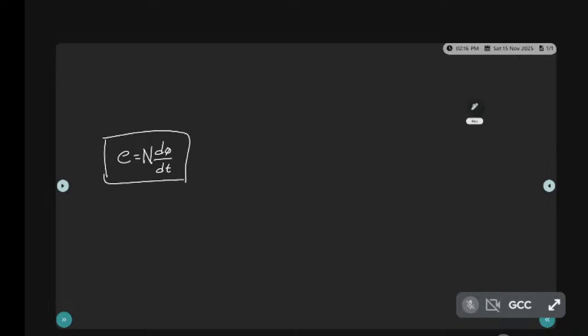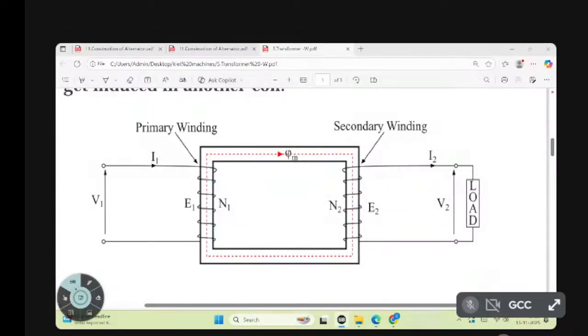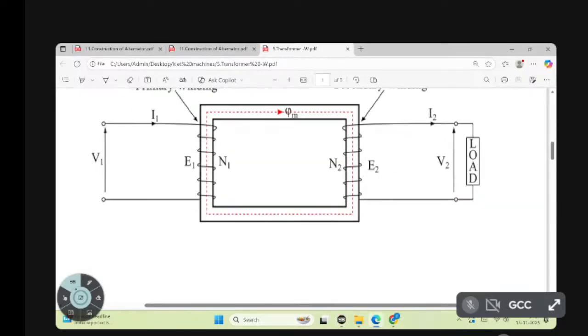If you observe this diagram, how are we getting I2, how are we getting E2? Because of the flux which is established by the primary winding, that flux is flowing in the core.